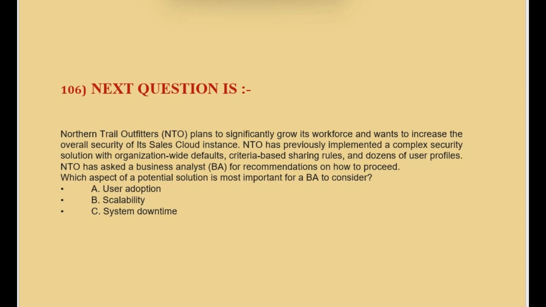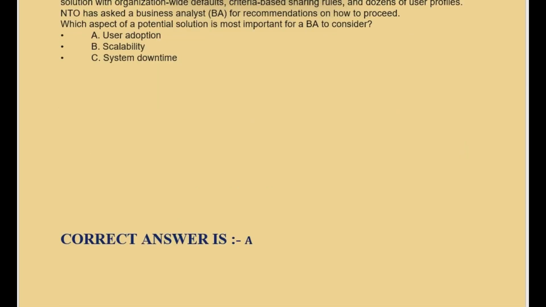NTO has asked a business analyst (BA) for recommendations on how to proceed. Which aspect of a potential solution is most important for a BA to consider? Option A, user adoption. Option B, scalability. Option C, system downtime. Correct answer is option A.